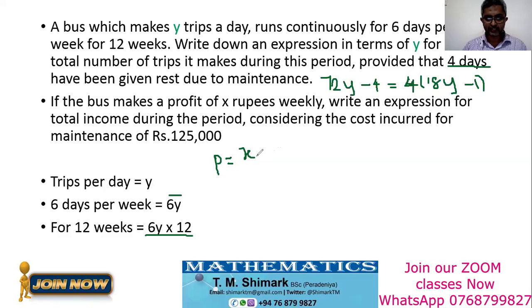X, and how many weeks are we going? 12 weeks. So 1 week X, 12 weeks means X into 12. And also there is a cost. Maintenance cost has gone 125,000. Maybe there are 4 days off also. For that also, together the profit will be less by 125,000. So this is the answer.